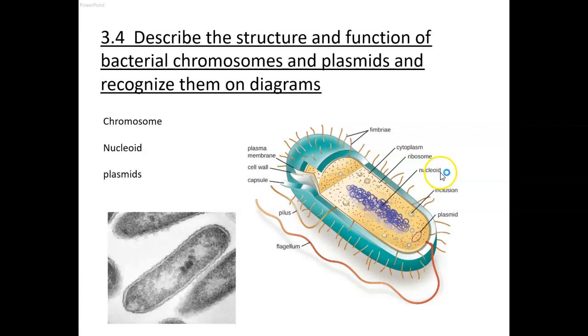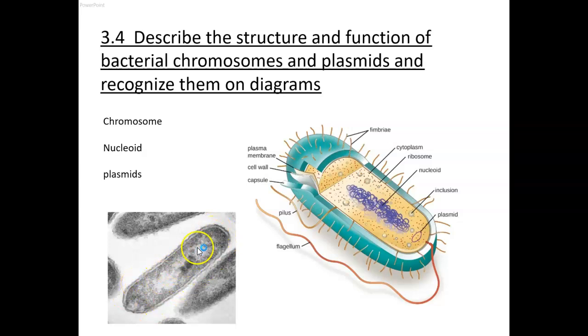Well, bacteria or prokaryotic cells don't have a nucleus. They don't have a membrane around that. But when you look at them under a transmission electron microscope, you see this lighter area right here, and you wonder, what the heck is that? Is that a nucleus? Prokaryotic cells do not have a nucleus, but they have a chromosome, and the chromosome doesn't stain the same way as the rest of the cytoplasm.